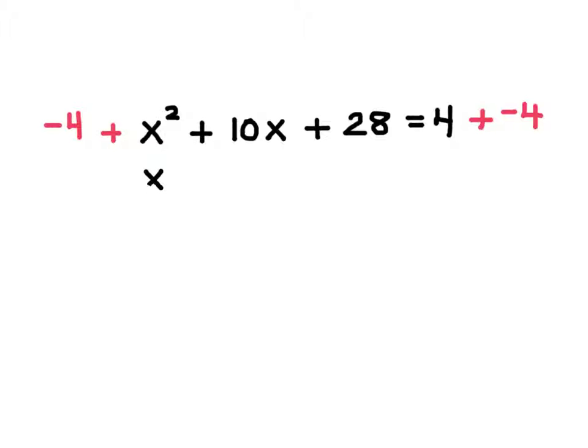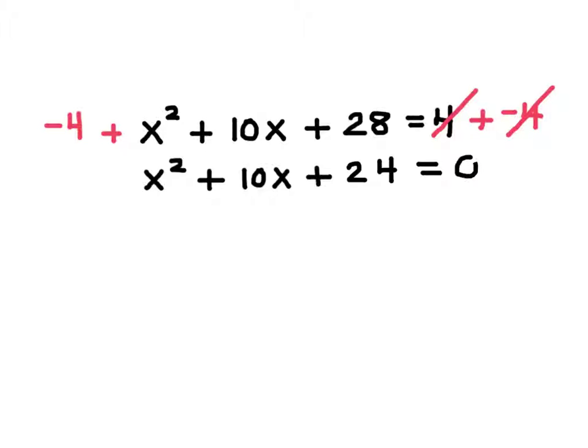On the left-hand side, we have x squared plus 10x plus 28 plus a negative 4. We're going to add the negative 4 and the 28, and when we do that, we get a 24. On the right-hand side, because 4 and a negative 4 added together are 0, we get a 0 on the right-hand side. That's what we wanted.